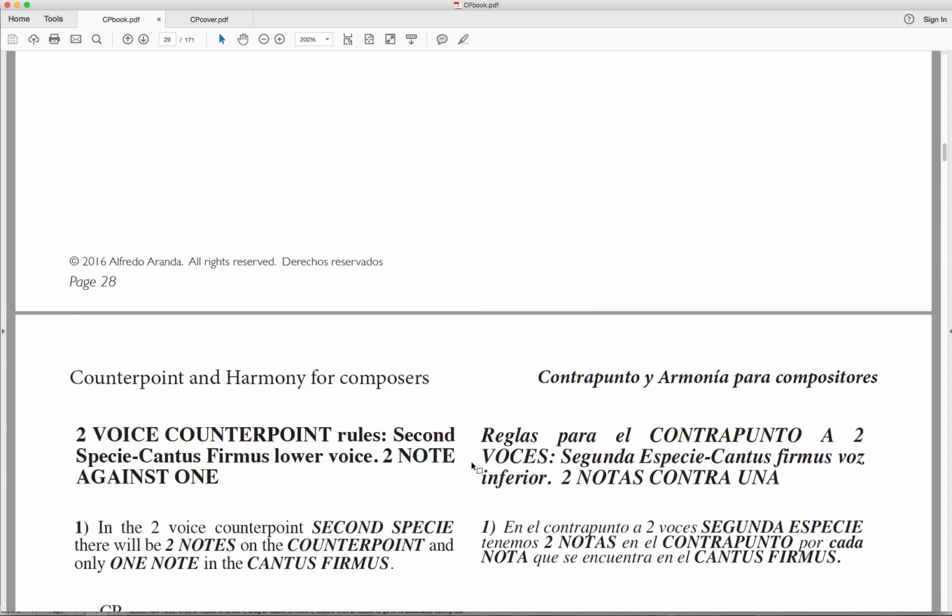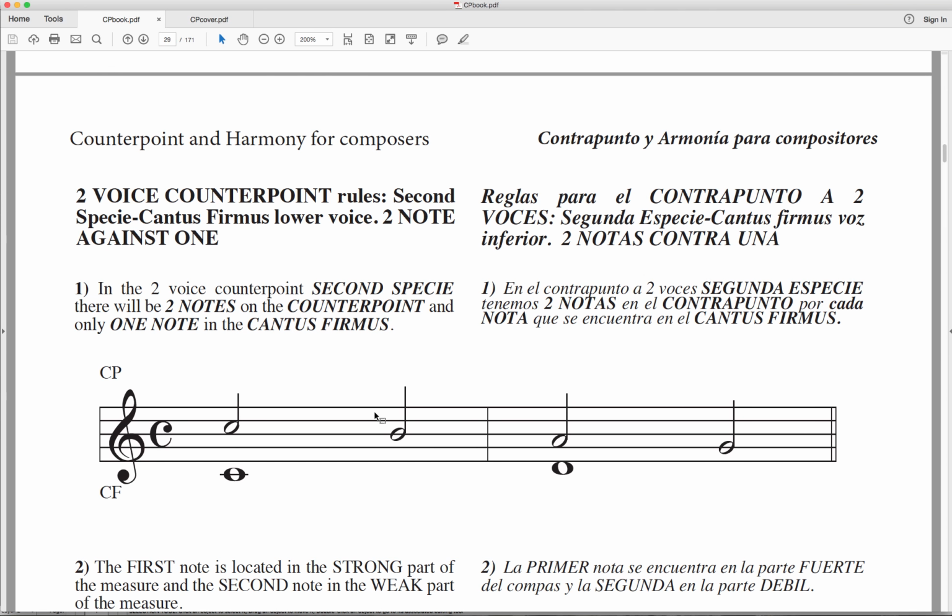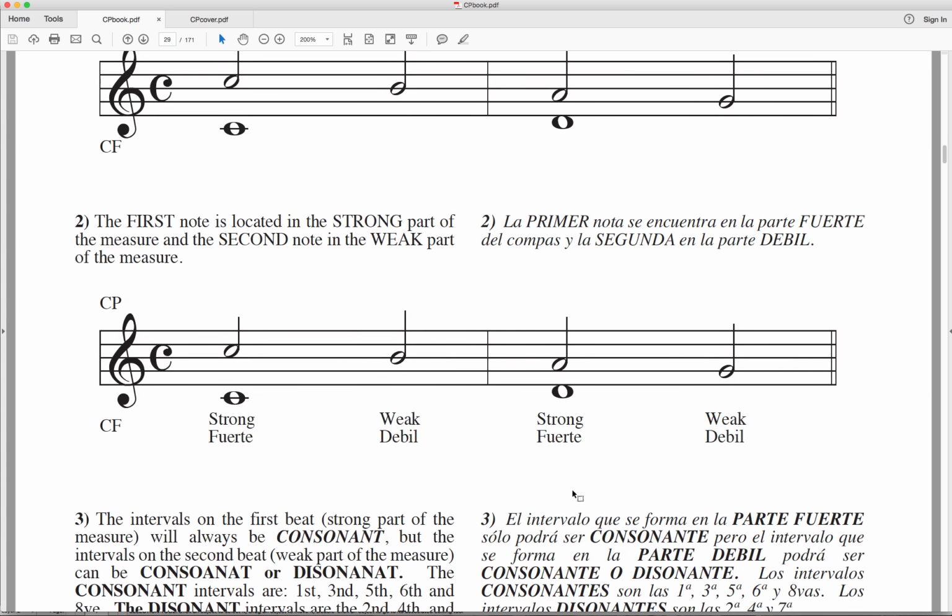And now let's go straight to the rules. The first thing that you need to know is that you have two notes instead of one. That's the first thing. And it's called the second species. You always have two notes against one note. The first one is strong, will always be strong, and the second one is weak.